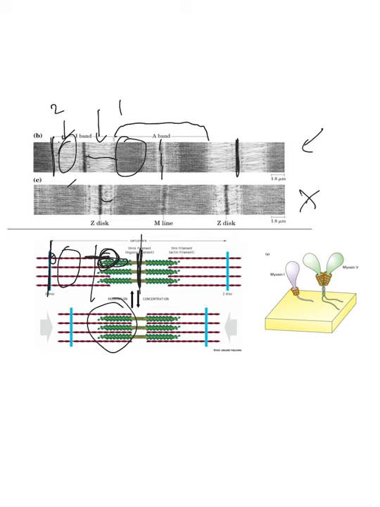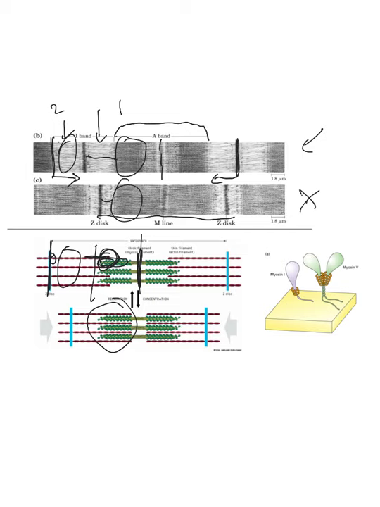And that's because the Z discs get pulled close to the M line. So the Z disc here, when the muscle contracts, is going to move in towards the M line. And the Z disc over here is going to move in towards the M line. And now you see the Z discs are closer together. And there's now more overlap of thick and thin filaments. That's because of the sliding filament action.